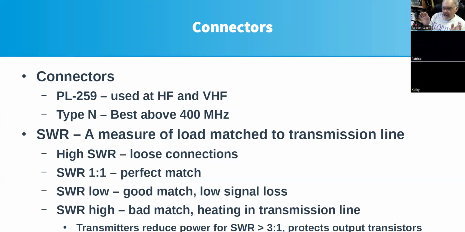So if it's a very high SWR, you may have that thing reflecting back and forth a number of times until it's totally dissipated, which can cause excessive heating in the transmission line. Just like if you were trying to run 1500 watts into RG58, which isn't rated for that kind of power, it would overheat and damage the transmission line. You can have a similar thing trying to operate at very high SWR levels.